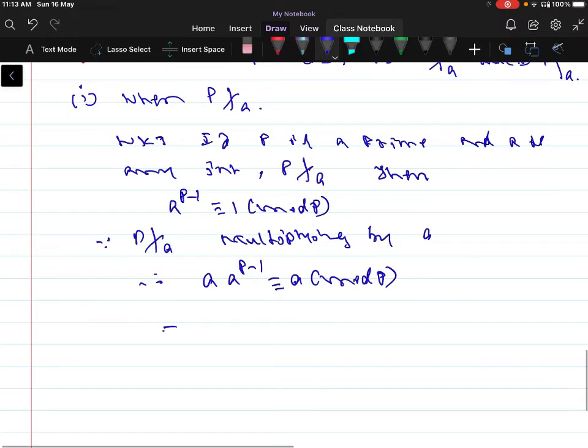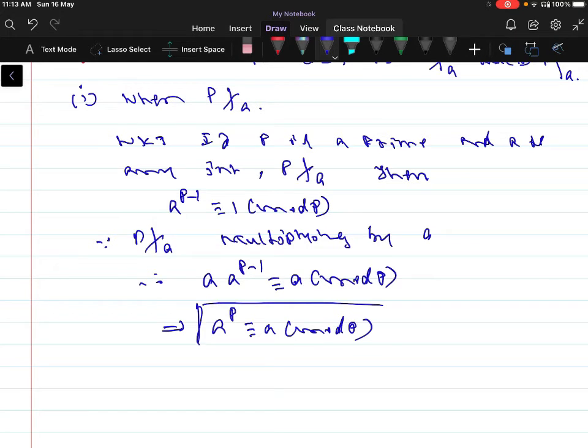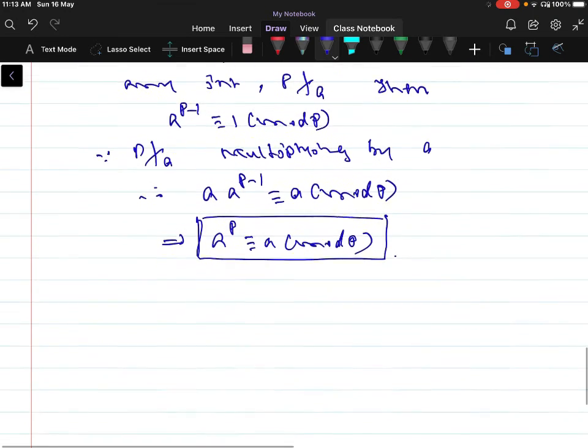So this implies a to the power p is congruent to a modulo p. So when p does not divide a, by using Fermat's theorem, you can prove that a to the power p is congruent to a modulo p. So let us move to the second case.